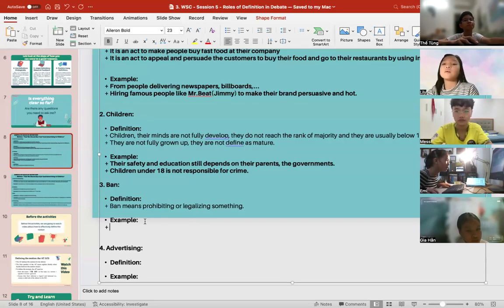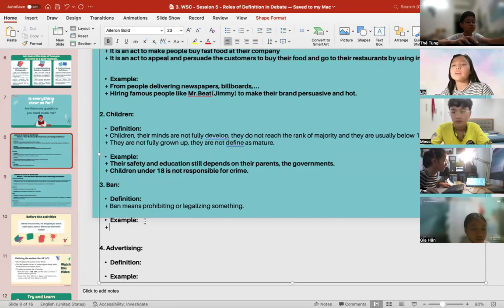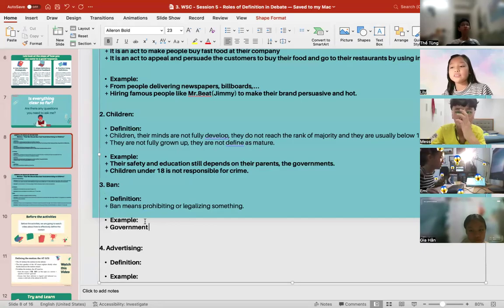Okay, so governments implementing restrictions to stop secondary advertising or prohibiting the sale of alcohol to minors. Oh yeah, really good.